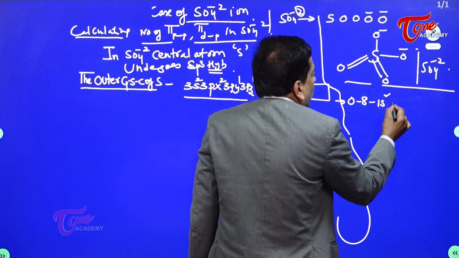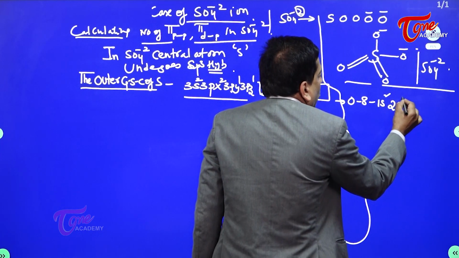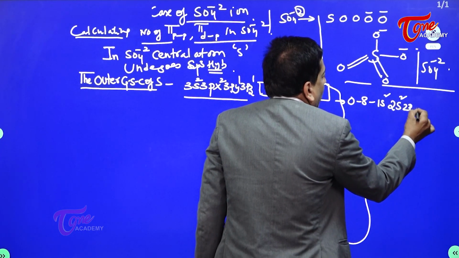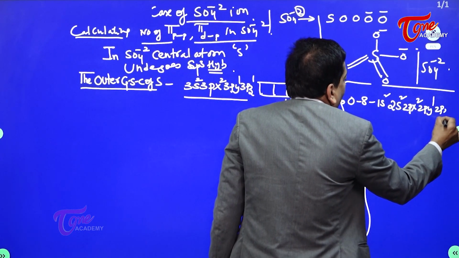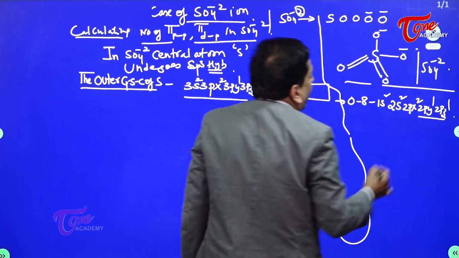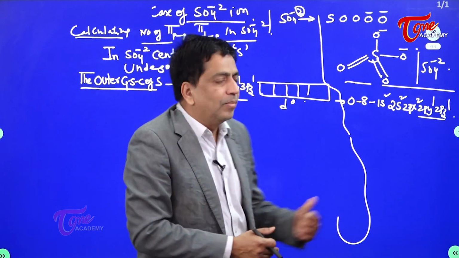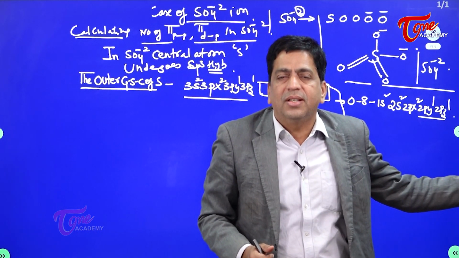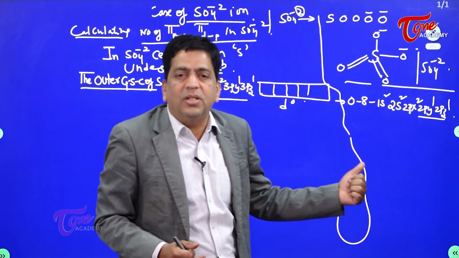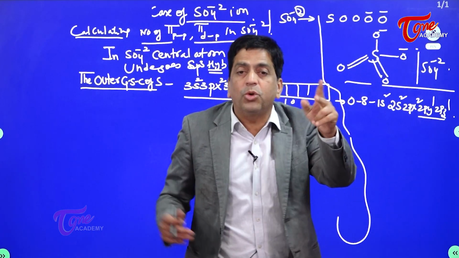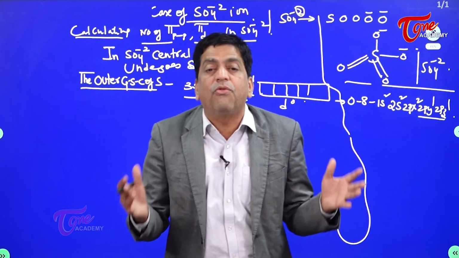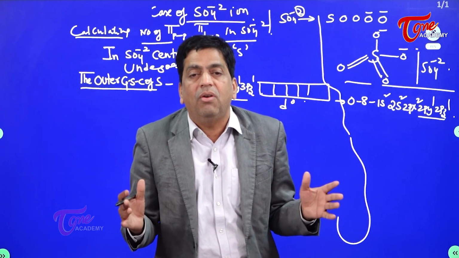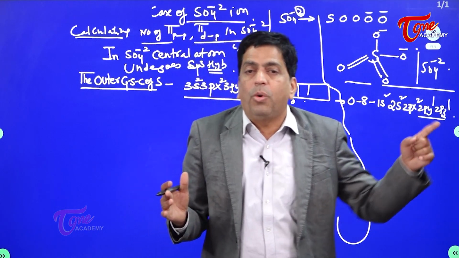So it is 1s2, 2s2, 2px2, 2py1 and 2pz1. So you have 2 unpaired electrons for oxygens. Such oxygens are 2. 2 oxygens are approaching me that way. So the 2 oxygens are carrying a total of 4 unpaired electrons. Total 4. Right?